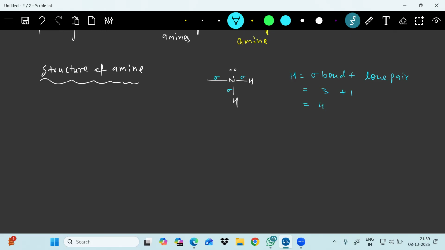If the value of H is coming 4, you can say the hybridization will be 1 s orbital and 3 p orbitals. So it will be sp3 hybridization, 4 hybrid orbitals, with one lone pair. Sp3 hybridization with zero lone pair has a tetrahedral structure.